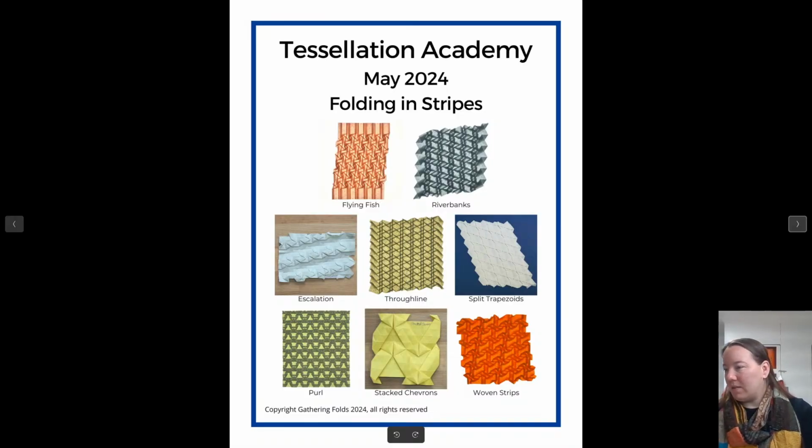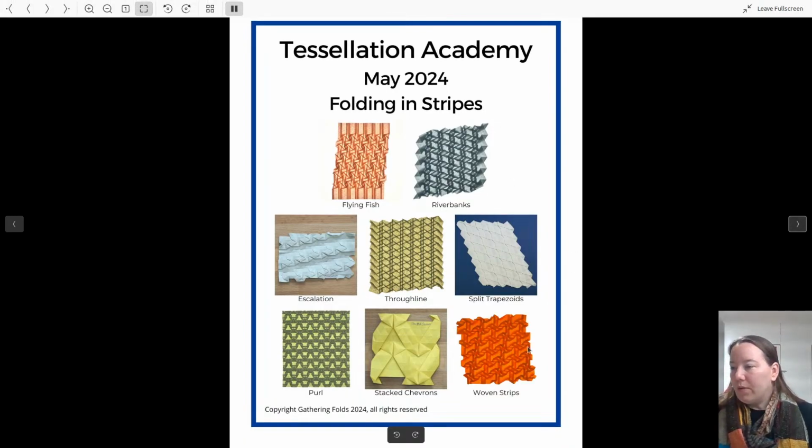It has, let's see, I'm seeing 1, 2, 3, 4, 5, 6 different structures, maybe just 5 different structures in there, different tilings. And we go through and talk about how to design in each of these tilings.